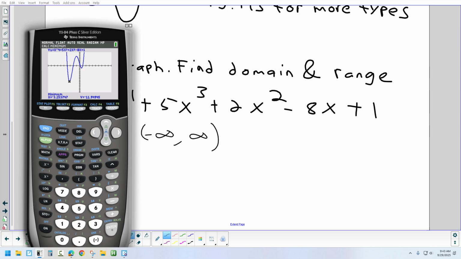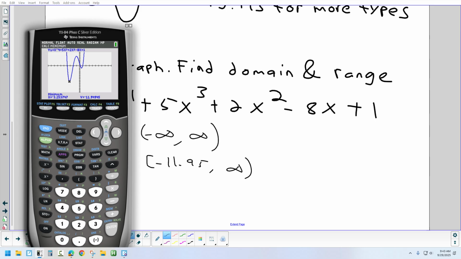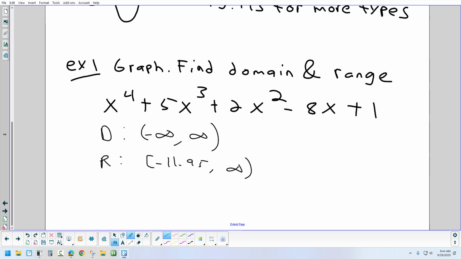So the minimum value is negative 11.95. And it does reach that. And the highest value in the range, it never stops. So that's how you find the range of that. Not something we're going to do by hand. You would just graph it and look at your graph.